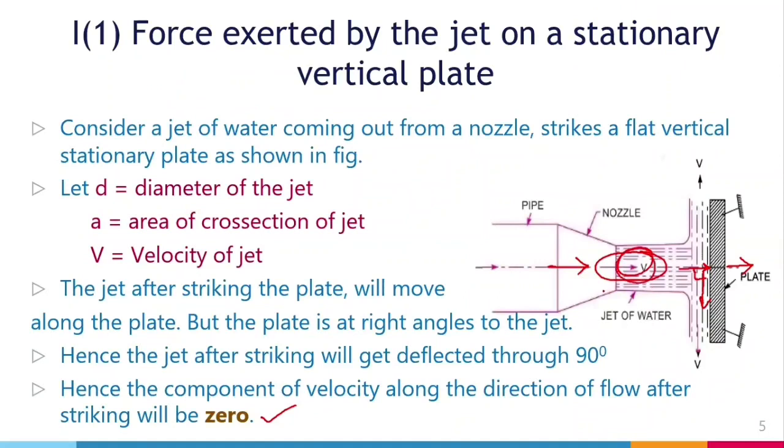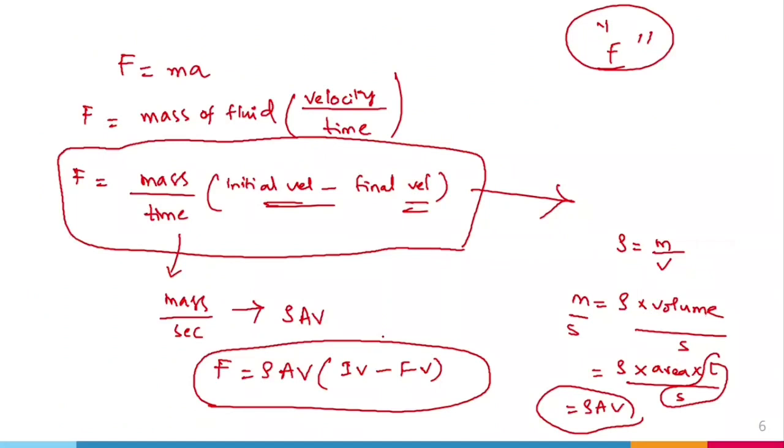Initial velocity means, always remember, before striking. Before striking the plate, what is the velocity of water? V. After striking, what happened? 0. So it is V minus 0, and your F will be rho AV square. That's the formula. This can be simplified based on the kind of derivation, but everybody please remember this one formula for a stationary plate.